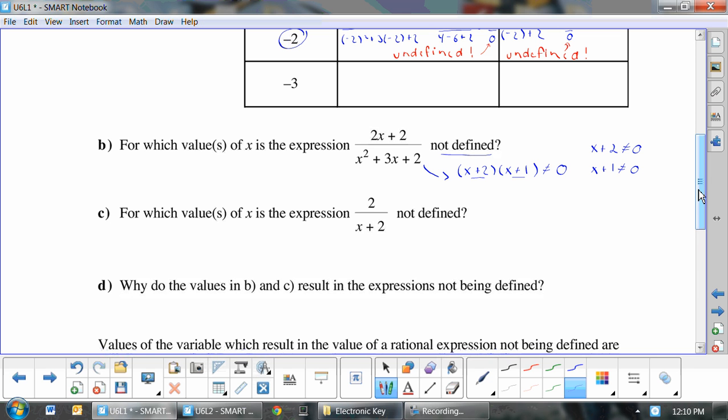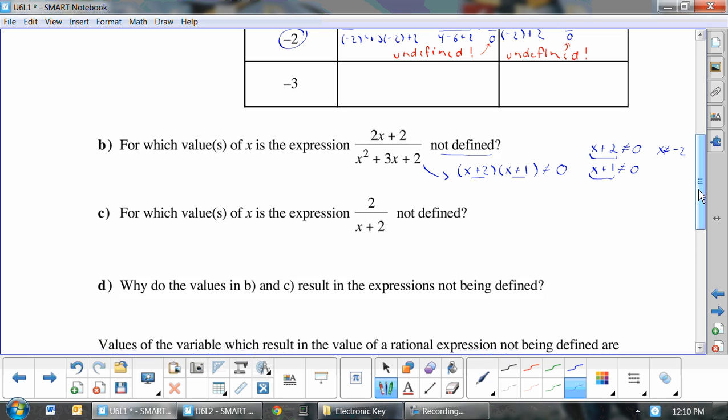And then basically it's like you're solving for x again. If it's the denominator, then the denominator cannot equal 0. So we're saying that the factors can't equal 0. And then it's just like solving for x. So we say x cannot equal -2.